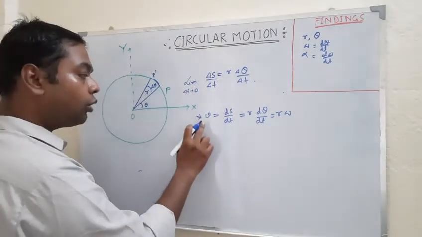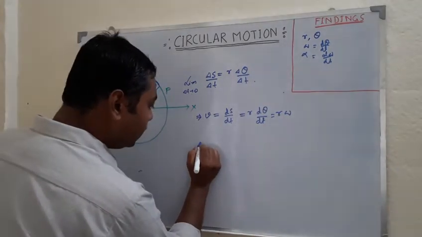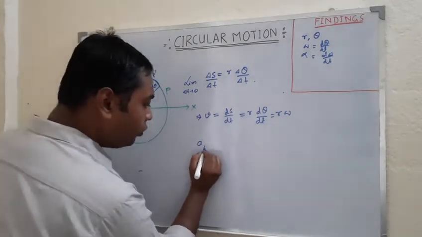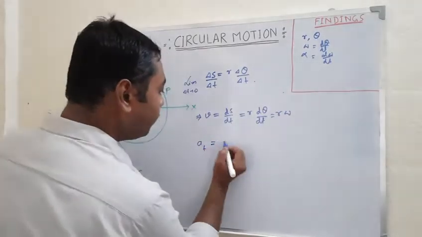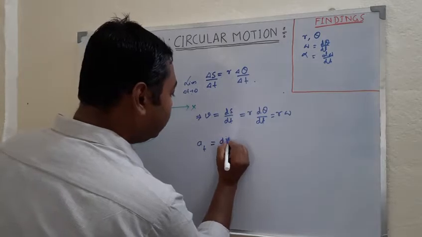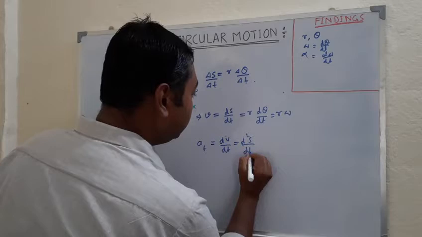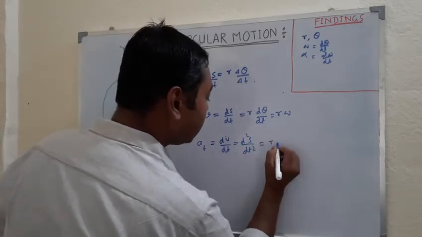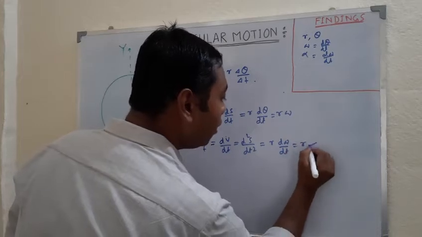Differentiating with respect to time once more, we get the acceleration. We write it as a with the suffix t. I'll explain why. It is nothing but dv by dt equals d squared s by dt squared, or in terms of angular variables d omega by dt, or r alpha.